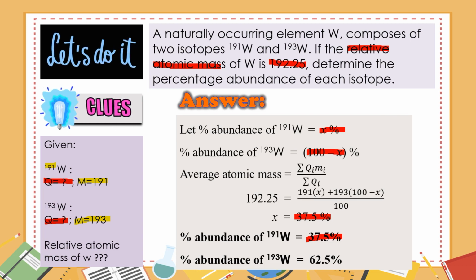Next, for W-193, 100 minus 37.5, and the percentage abundance of W-193 is 62.5%.